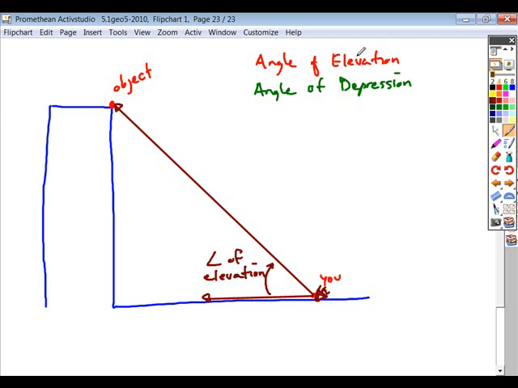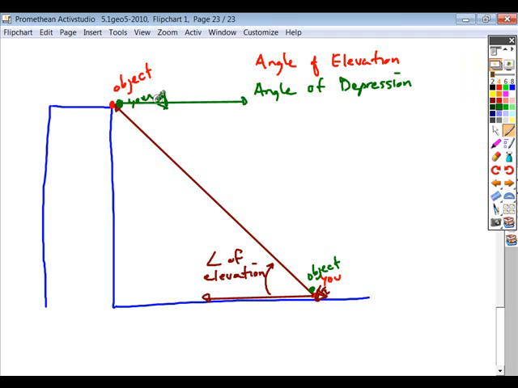The angle of depression is identified when you begin higher than the object you're looking at. So if you're starting up here and the object is down below, again your eyes are looking off to the horizon, or horizontal.